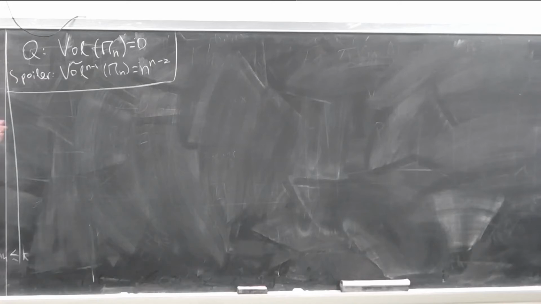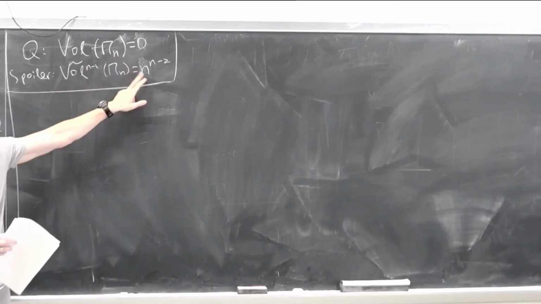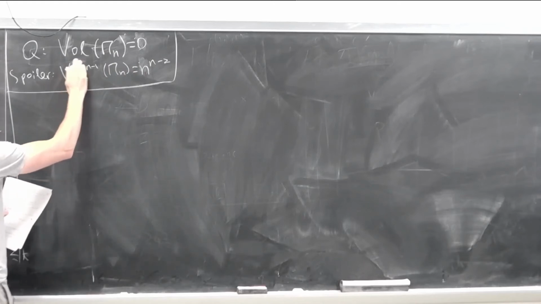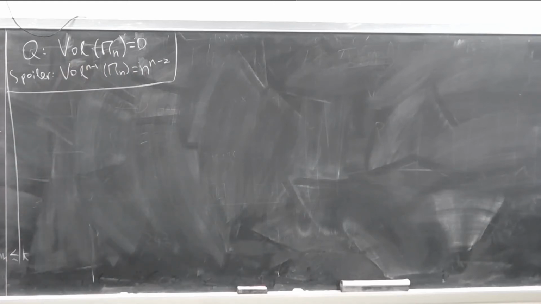In particular, it can be subdivided into this many cubes. I have to normalize it, so this is the unnormalized volume. In that plane, I have cubes, I want them to have volume 1, and then this is going to be subdivided into n to the n minus 2 cubes.